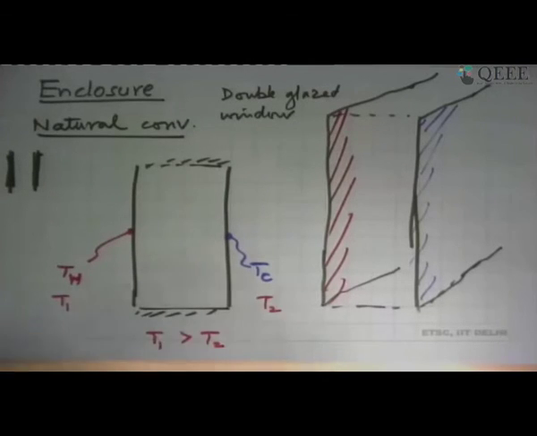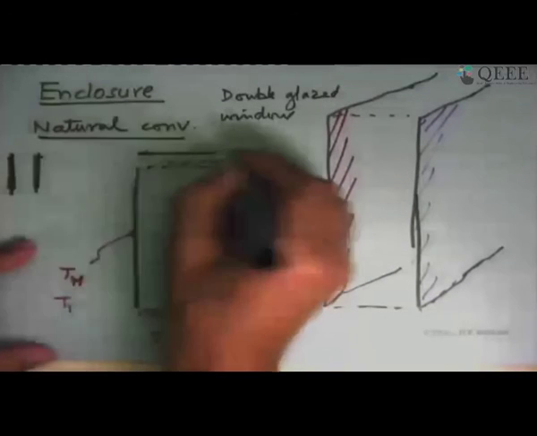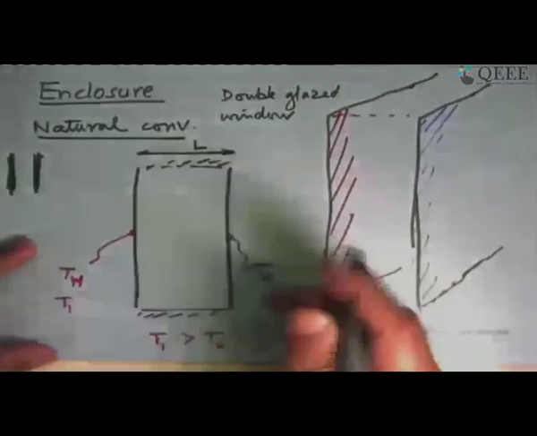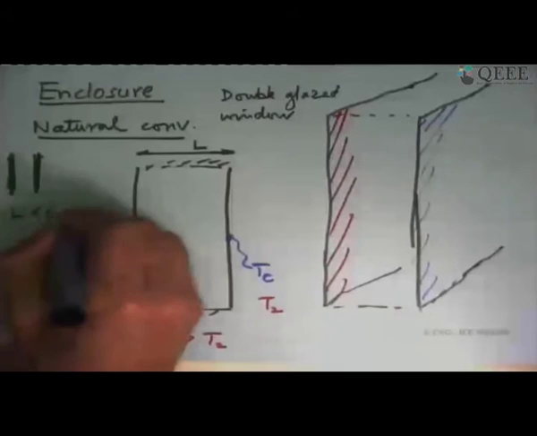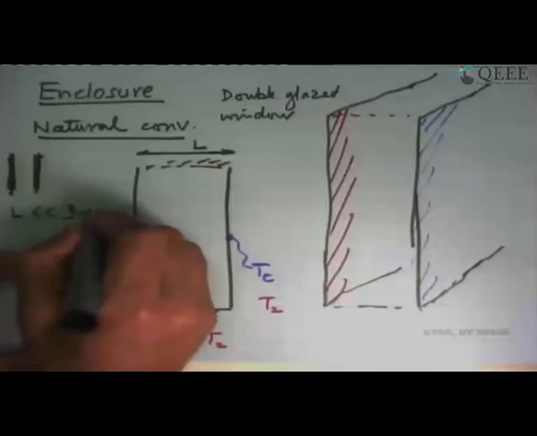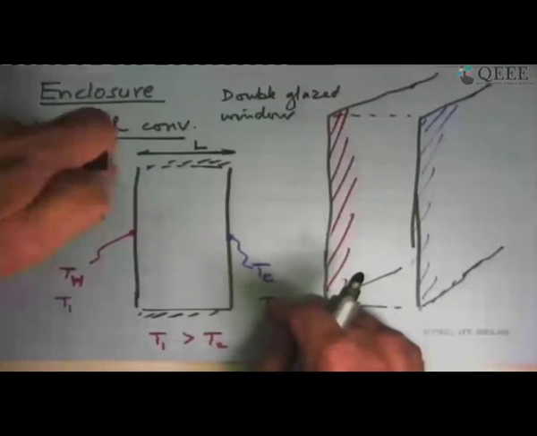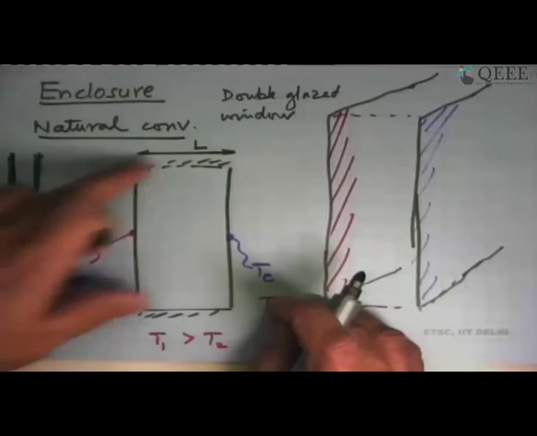And the important parameter here we are assuming is that the spacing, we may call it L, is much less than the sides of these plates. So the dimension of the plate normal to this is 10 times, 100 times, 1000 times greater than L.